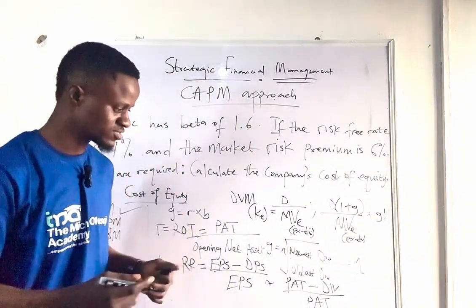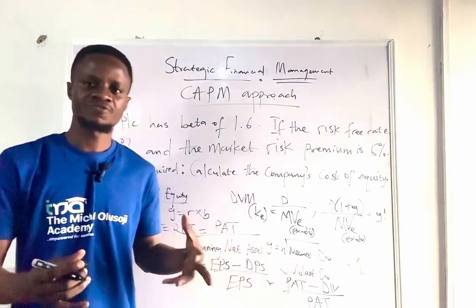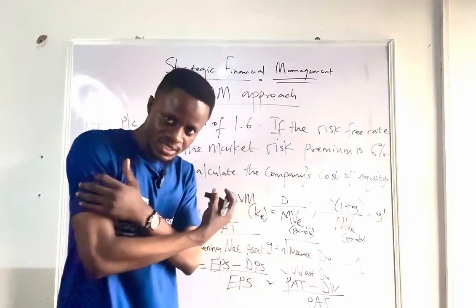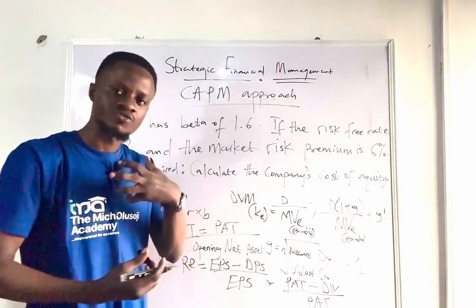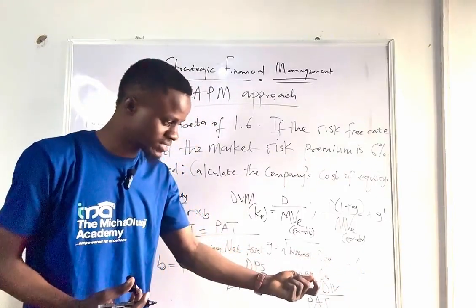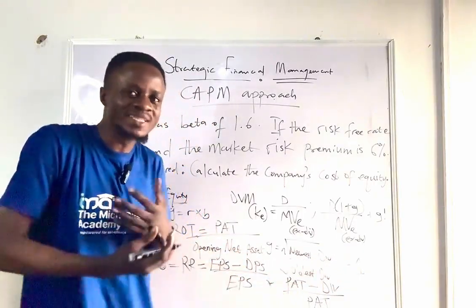It makes sense: after we've ascertained profit after tax for a particular year, out of that profit after tax we pay out dividend to our shareholders, right? So what do we have left? Retained earnings.